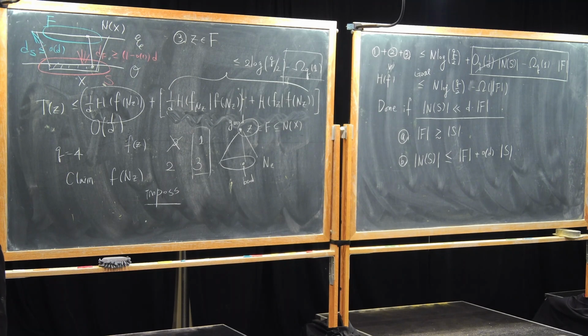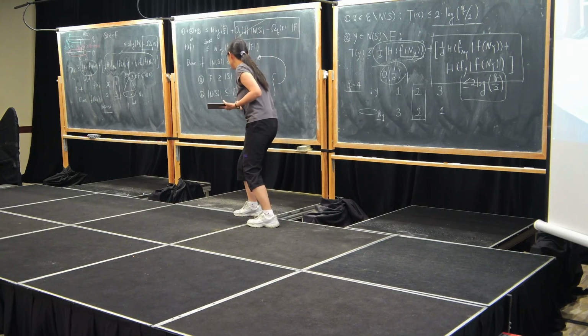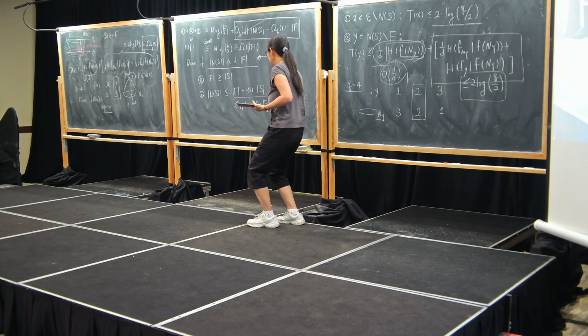Part B is the question that I'm asking you. But if we combine part A and part B, then this gives this. Do we agree with that? Because this one is at most F plus little o of D times F. So this is much smaller than D times F.